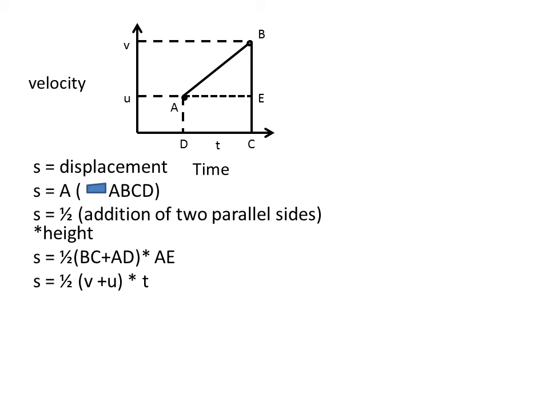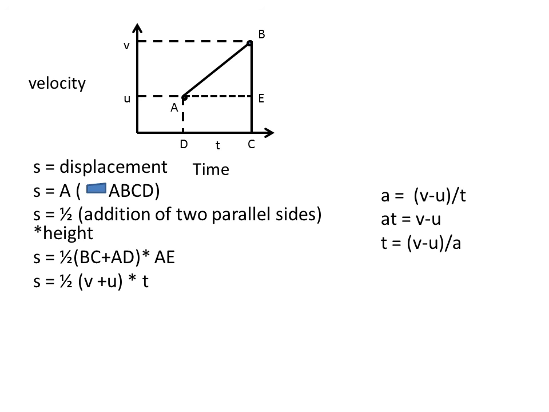Now, if you recollect the third kinematic equation, V square equal to U square plus 2AS, you will not find this T anywhere, right? So we don't want that T here. So what can be done? Can we simply erase that T? No. We are supposed to write something which is equivalent to T. So what is that something? Let us find out. Here also we are going to use the same formula of acceleration.